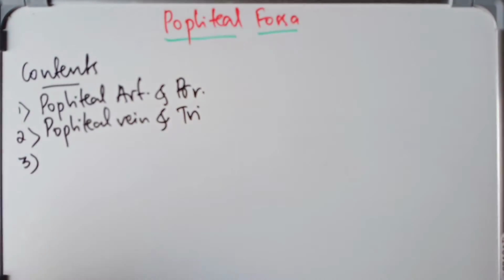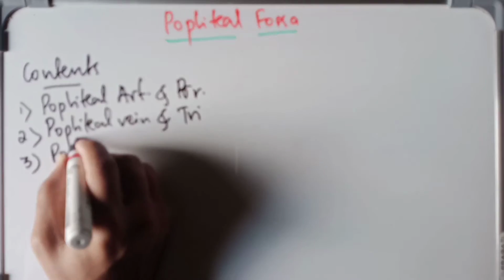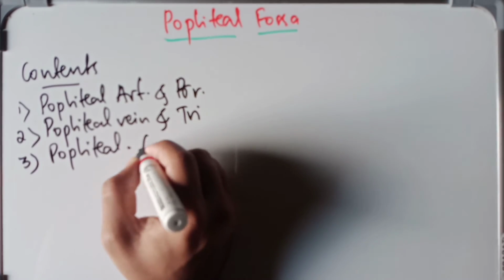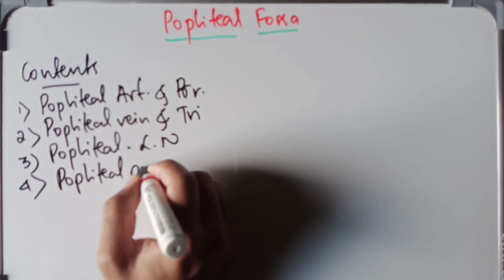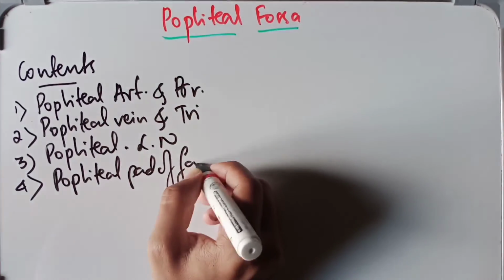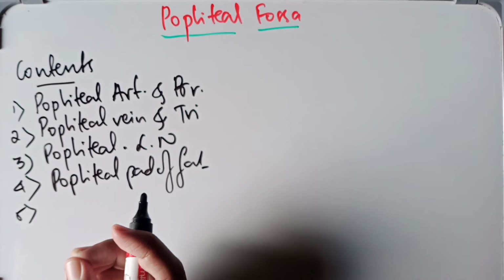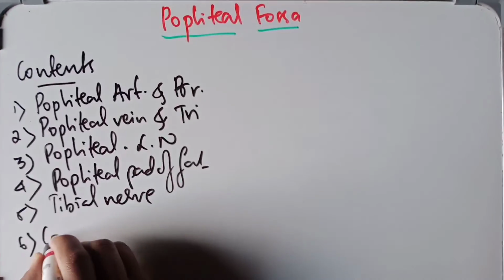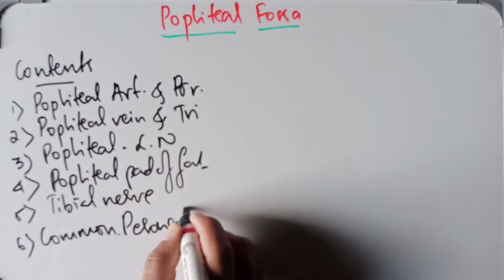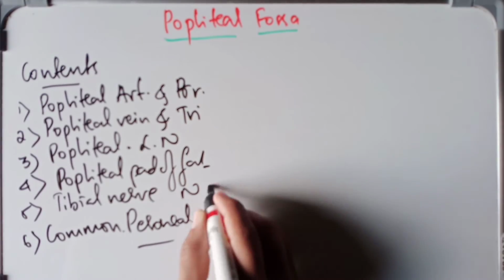Then we have the popliteal lymph nodes, as well as the popliteal pad of fat. Then we also have the tibial nerve and its branches, as well as the common peroneal nerve and its branches.